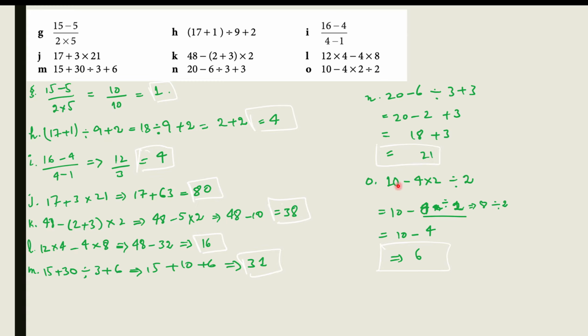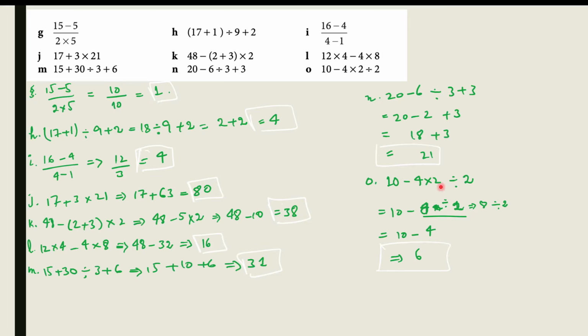The last part we have here is 10 minus 4 multiplied by 2 divided by 2. If you look at this expression carefully, we have subtraction, multiplication, and division. According to the order of operations, multiplication and division come before the subtraction.